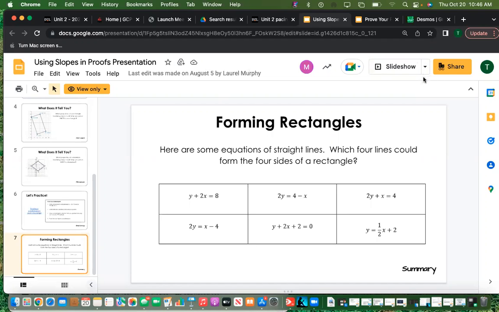Which lines form the four sides? Give me two pairs. y plus 2x equals 8. And 2y equals 4x.